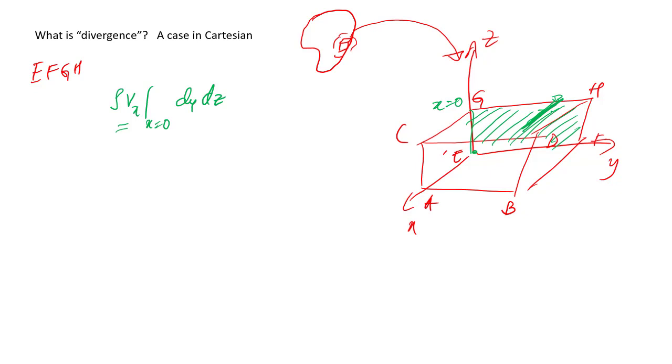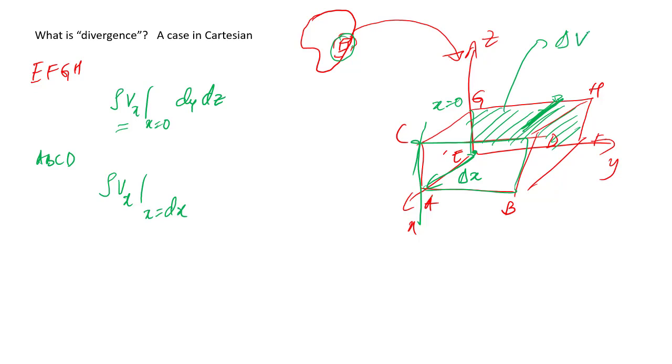Similarly, for the face ABCD, I have the same thing, except my flow is rho Vx at x equal to dx, because this is a tiny volume. Remember that the side of this cube is delta x, and the volume of this tiny cube is delta v, so it is x equal to dx dy dz.